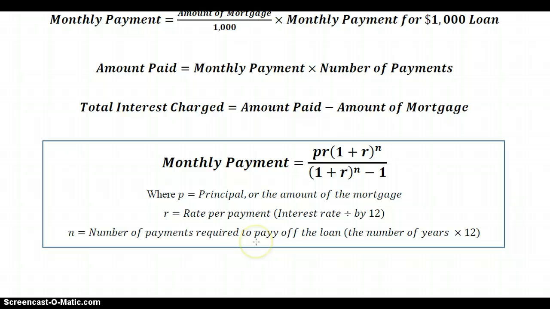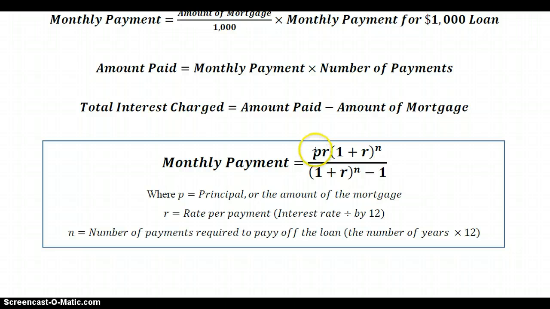Our final formula is one that's a little bit more complicated. However, it should also be familiar. If we have a value that's not found on our chart, such as a rate like 5.25%, we can use this formula to find our monthly payment.